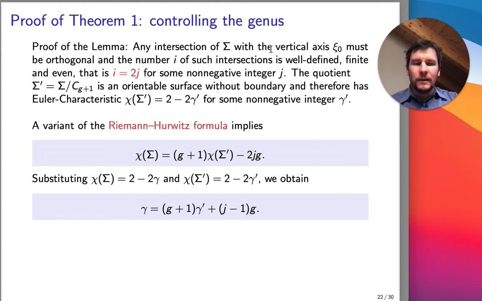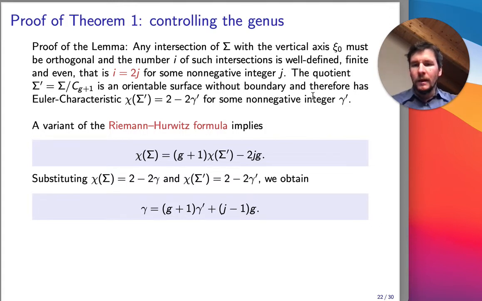So we just need to add this sigma prime g plus 1 times. But then the thing is, the points that are actually on the vertical axis, we don't need to add them again. So if we compute the Euler characteristic via the formula of vertices, edges, and faces, then we notice that these points need to be subtracted again. Okay, so we get the Euler characteristic of our sigma is g plus 1 times the Euler characteristic of this quotient, minus these points that lie on the vertical axis that we don't need to add another time.